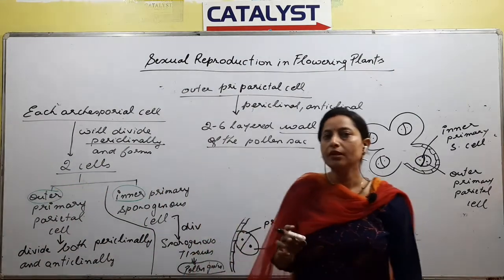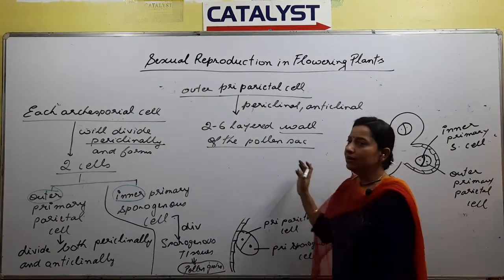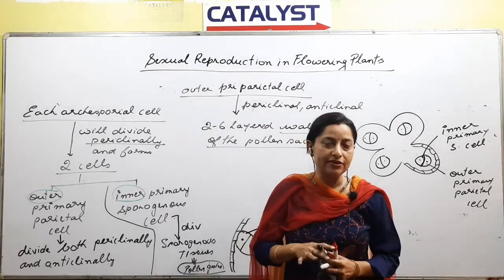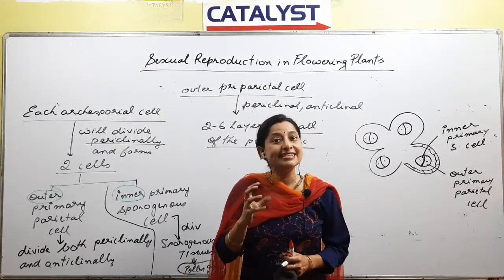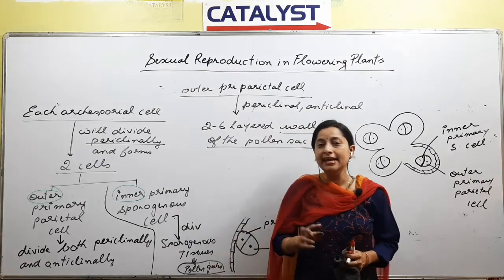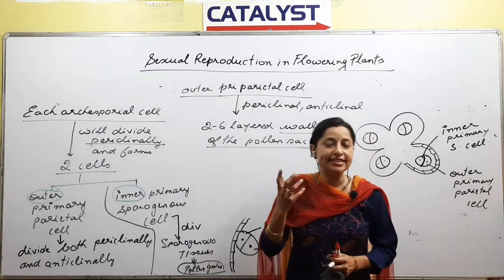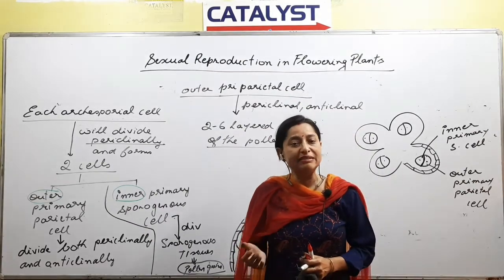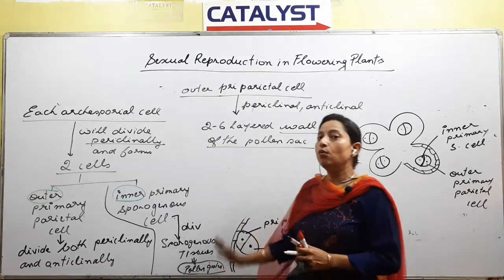So inside the anther we have the epidermis. Below the epidermis is the archisporial layer. In the archisporial layer one cell develops and becomes prominent, that is called the archisporial cell. That archisporial cell divided into two parts. One part is called the parietal cell and the other part is called the sporogenous cell. What did the parietal cell do?